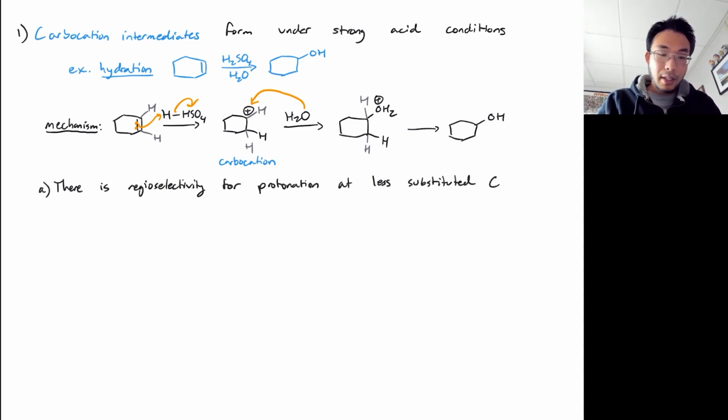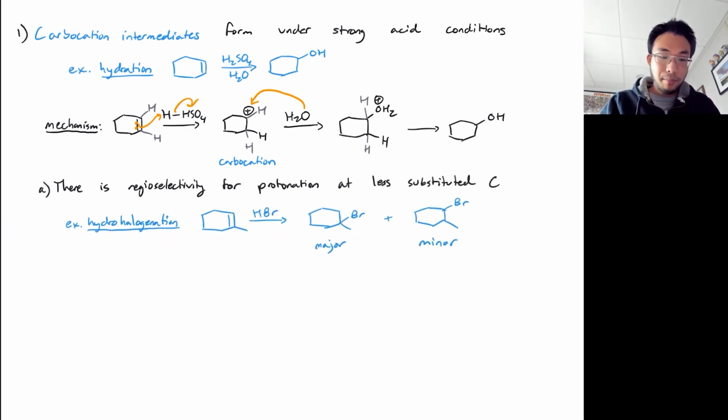So in these types of reactions where there are carbocation intermediates, there's going to be regioselectivity for protonating at the less substituted carbon. And so what that means is that in a reaction like this one, I'm giving you a slight variation where I'm now doing what's called hydrohalogenation, in which now an HBr is adding across the double bond. Here I've made the alkene asymmetric because of this methyl group, and so now again we have that choice.